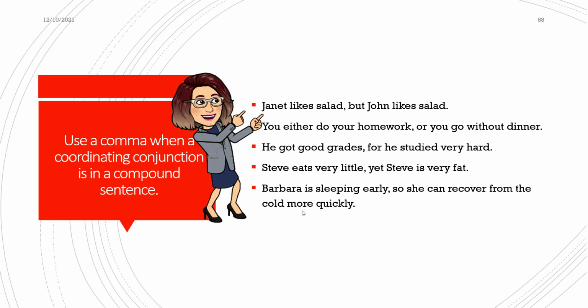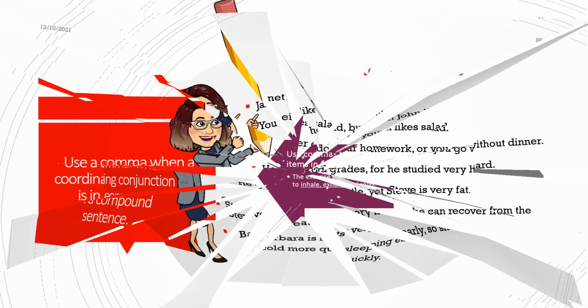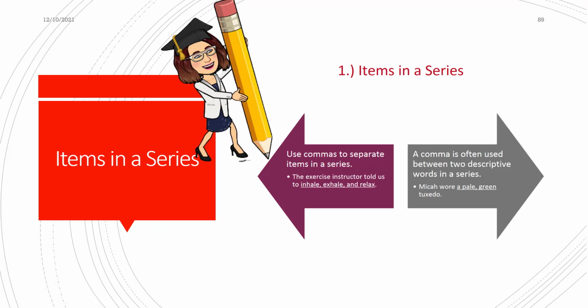Otherwise this sentence can be rewritten completely differently. But my main point is, when you have two sentences and you have FANBOYS, put a comma there. When you have FANBOYS like or, put a comma there.